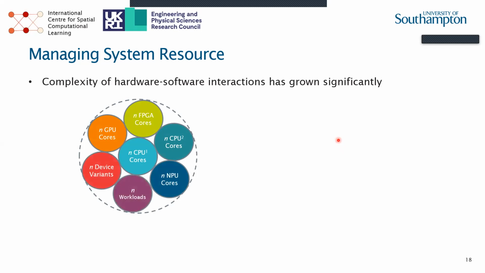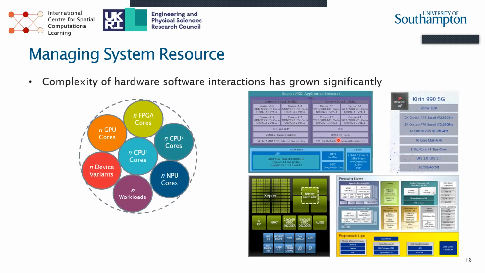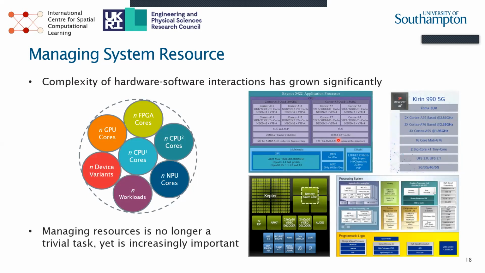So the combination in this embedded runtime system is very complex. Managing the resources and assigning tasks to different heterogeneous computing cores to meet the performance target, while also not violating the thermal or power limit, is a very challenging task.